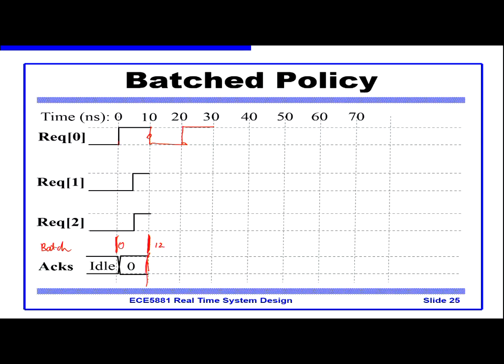Now we must complete allocation to the entire batch before we move on to a new batch. So that's the way we can achieve some fairness. We know 0 comes along later on, but we're going to ignore that until we've completed the entire batch. So now we're going to allocate to 1 and then 2, because that's the order within the batch.